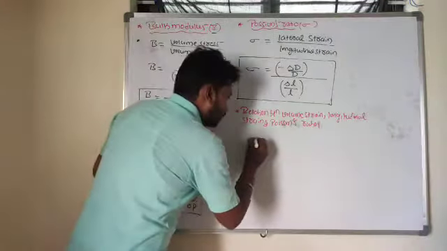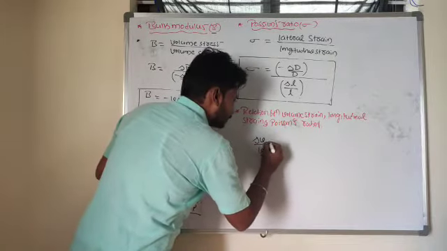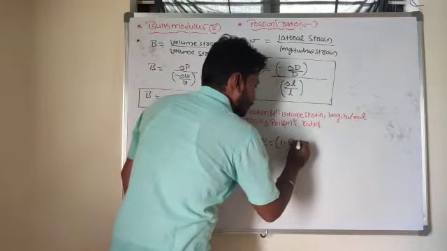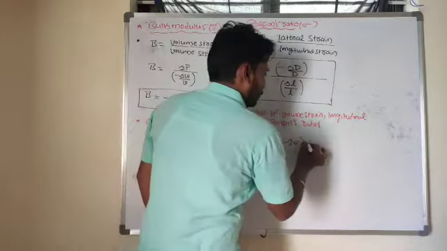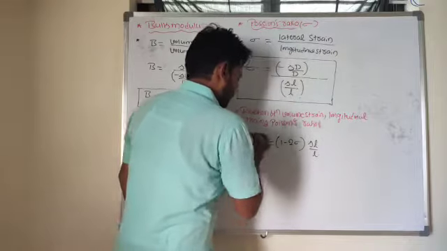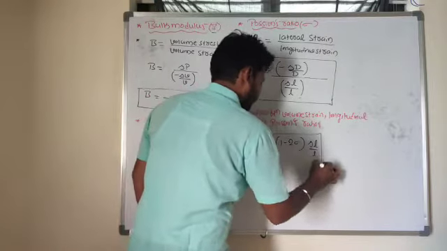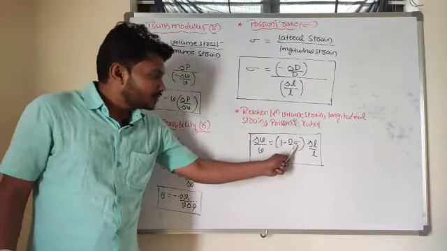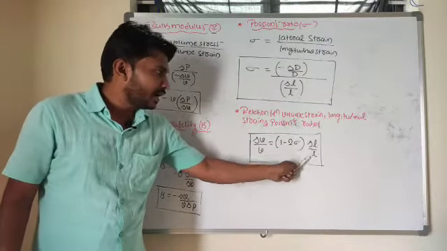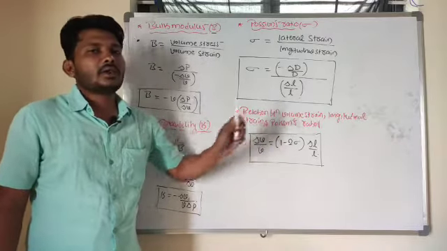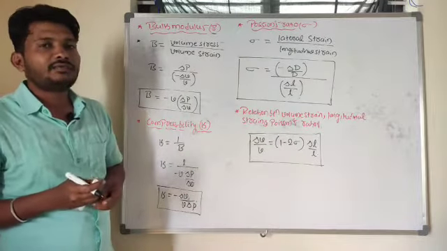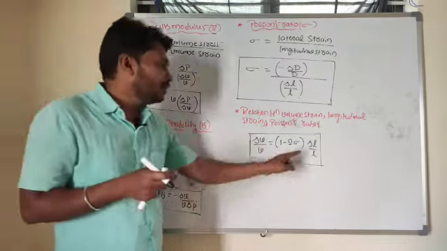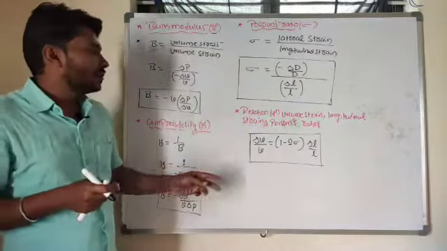After simplifying, we get the relation: delta V by V equals 1 minus 2 sigma, into delta L by L. Here sigma means Poisson's ratio, and delta L by L represents the longitudinal strain. So this is the connecting formula for volume strain, Poisson's ratio and longitudinal strain.